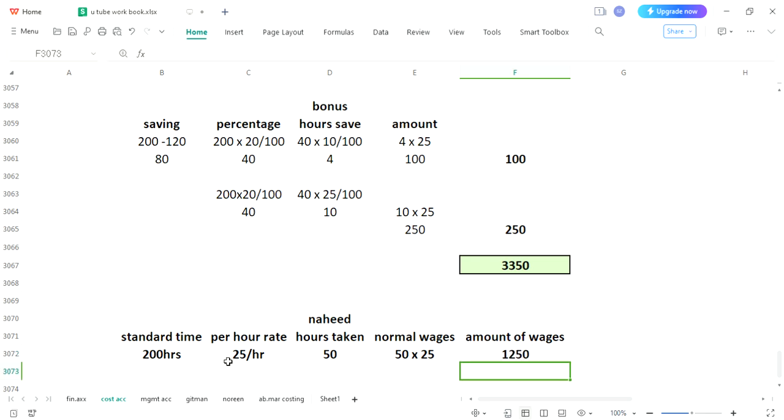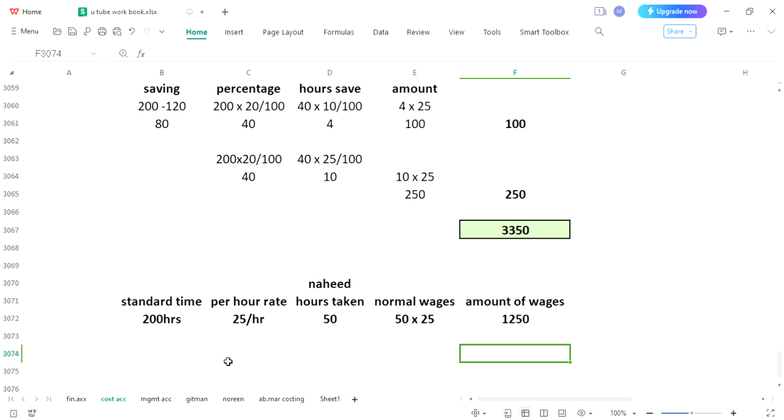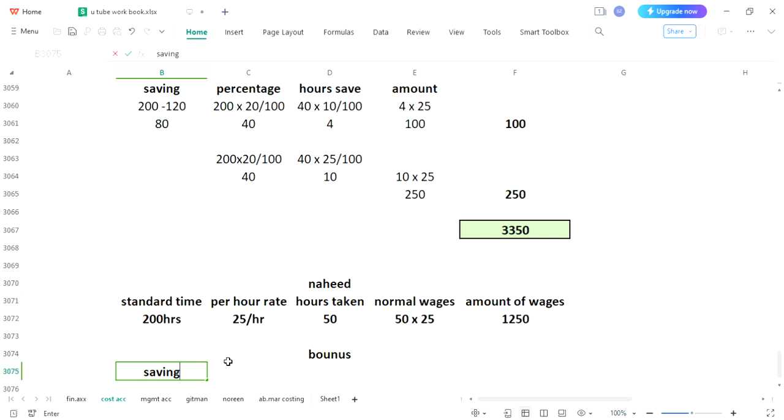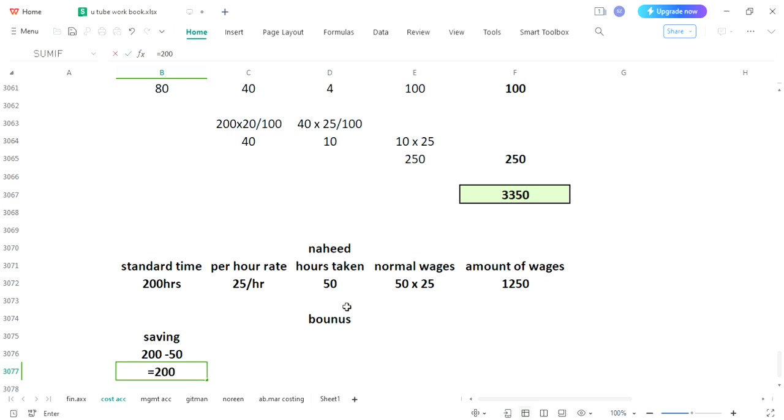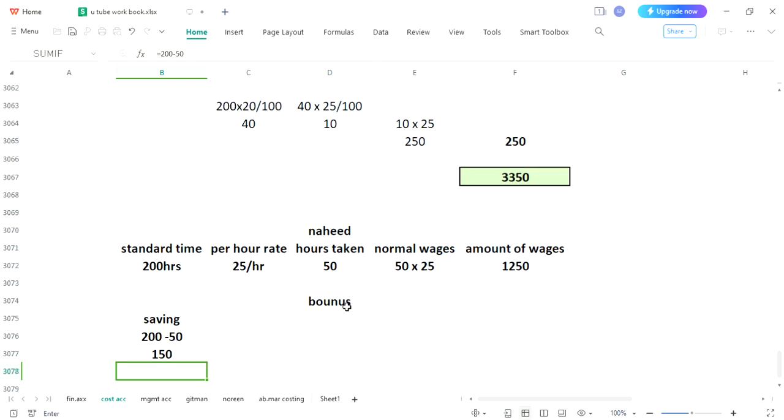Now we will calculate the bonus as well. So let's see how many stages of bonus we will do. For that we will go to the question and see how many hours this worker had saved. 200 was the standard time and he had taken 50 hours. So in this way 150 would be his number of hours saved.